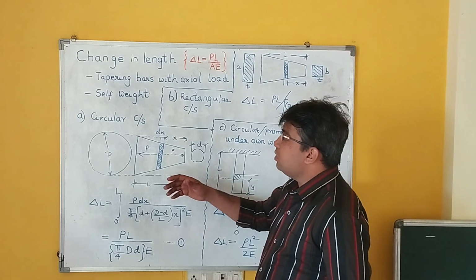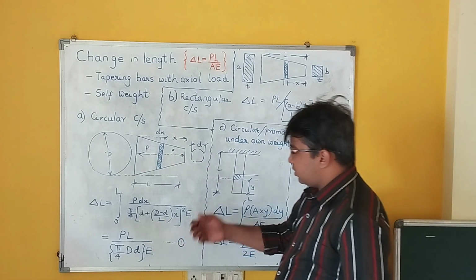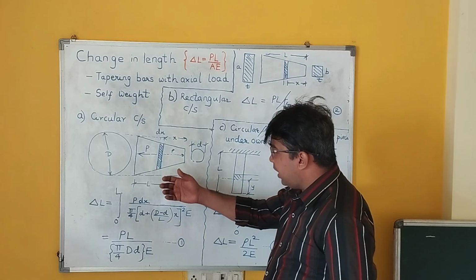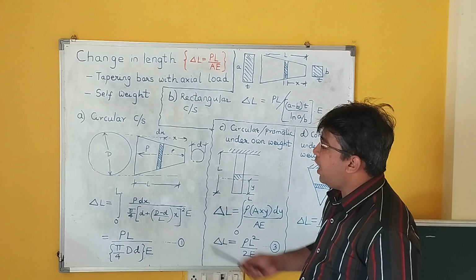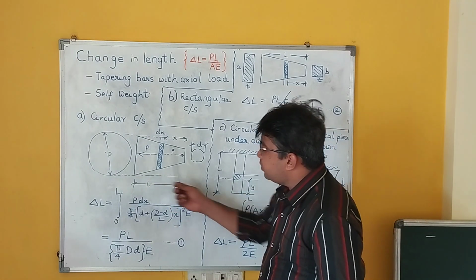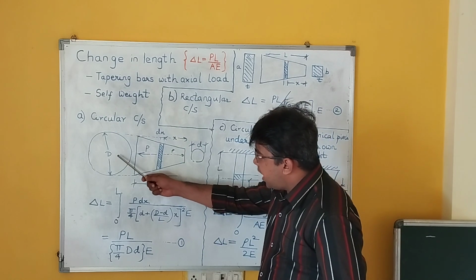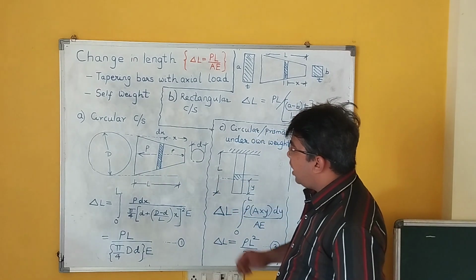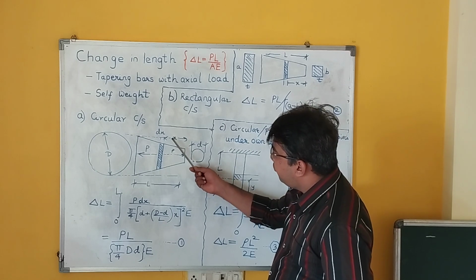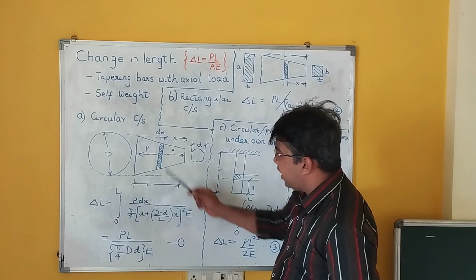Now let us see how we can get elongation of tapering circular bar. So I have a tapering circular bar of length L, greater diameter D and smaller diameter as small d, and I have taken a small element of length dx at a distance x from the smaller end.